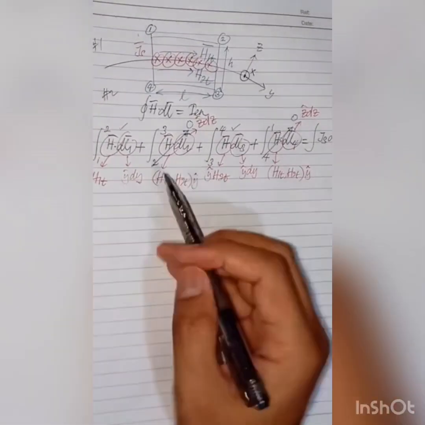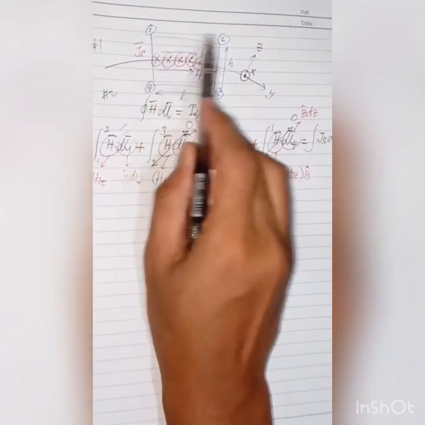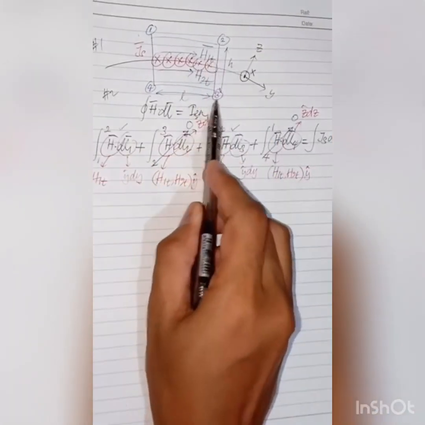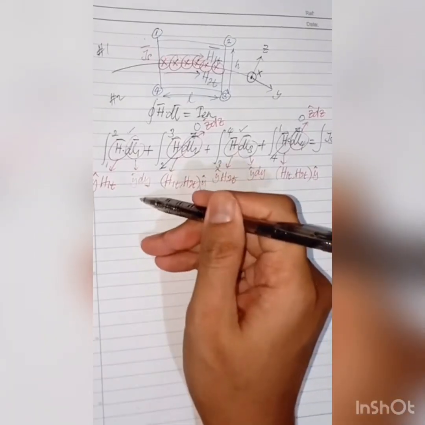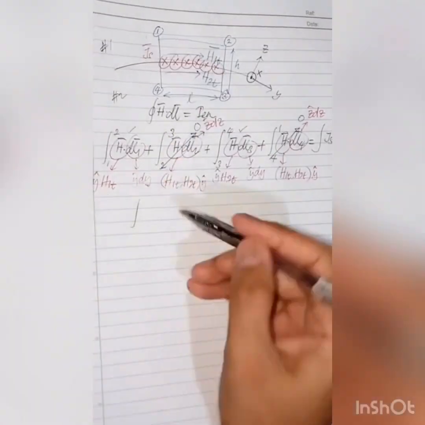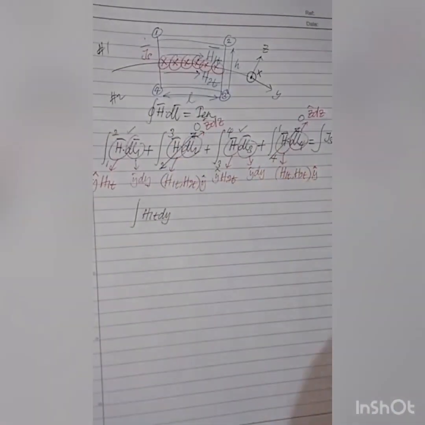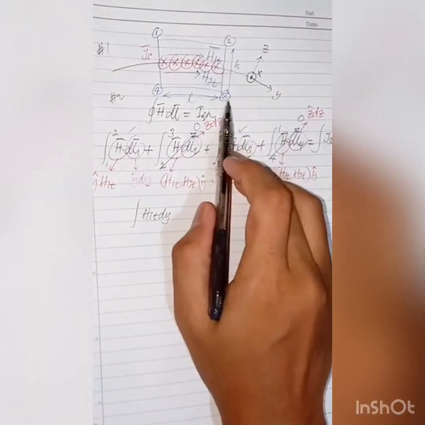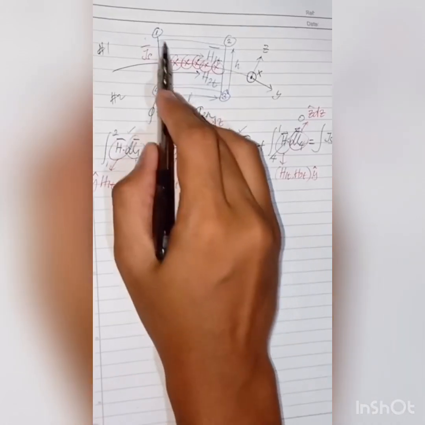Alright, so now let's focus on the two paths that only exist now, which are path 1, 2 and path 3, 4. Okay, now the integration, the first one here, H1t, so here just put H1t dy. Since we have assumed that this path has length of L, let's assume here is your origin.